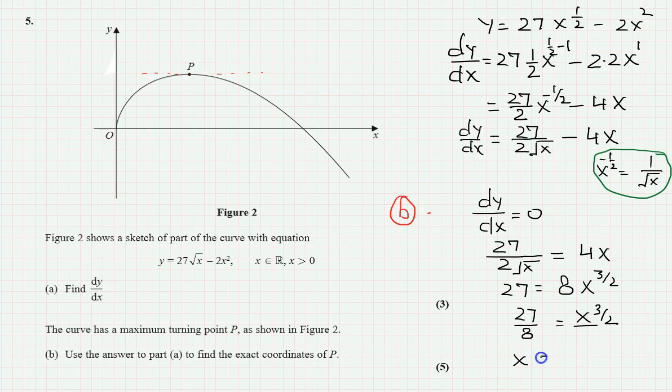So x is equal to 27 over 8 to the power 2 over 3.